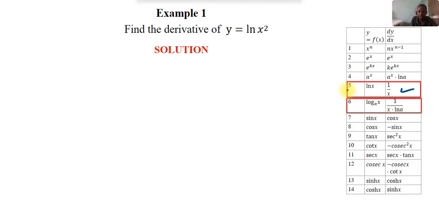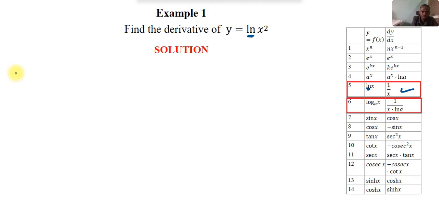That's number 5. If you look at it very well, this one has ln, and this one is also having the same thing. The only difference is that this is x squared and the one that we have here is x. But there is no problem, there's a way around it.